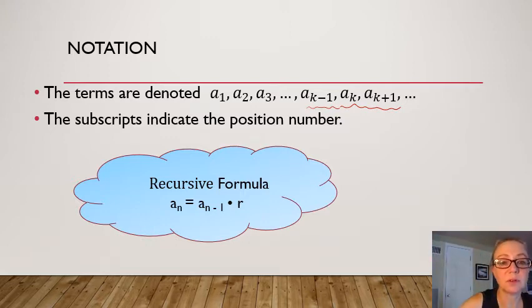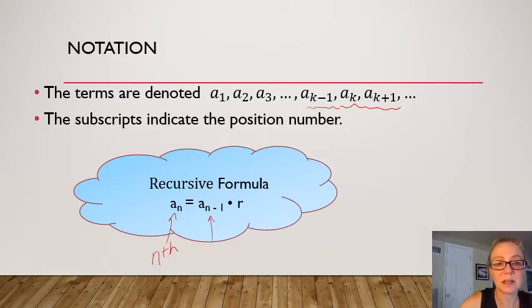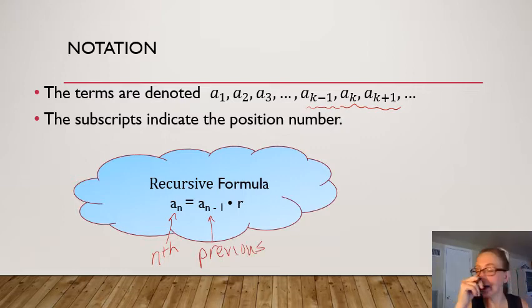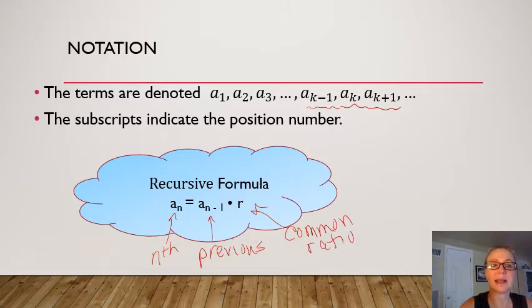The recursive formula tells us that the nth term, where n could be any number, 27, 462, whatever, the nth term is the previous term, n minus 1 indicates the term before the nth term, times the common ratio r. Now, we're going to practice using that to generate the terms of a geometric sequence.